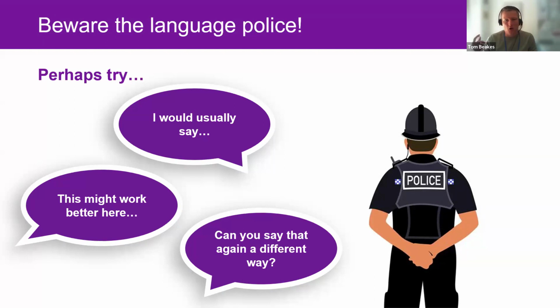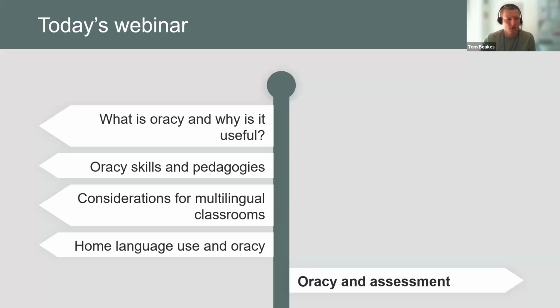So having open conversations with our learners and modeling a way of talking about and using language that encourages belonging and curiosity and acceptance, as opposed to foregrounding differences and implying that there's only one right way of saying something and communicating, is going to be really important. So yeah, just don't be the language police if you don't need to be. Is my main message there.